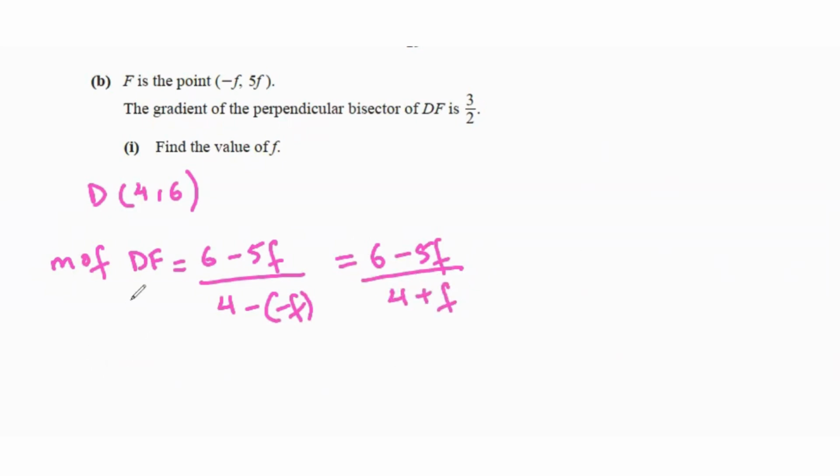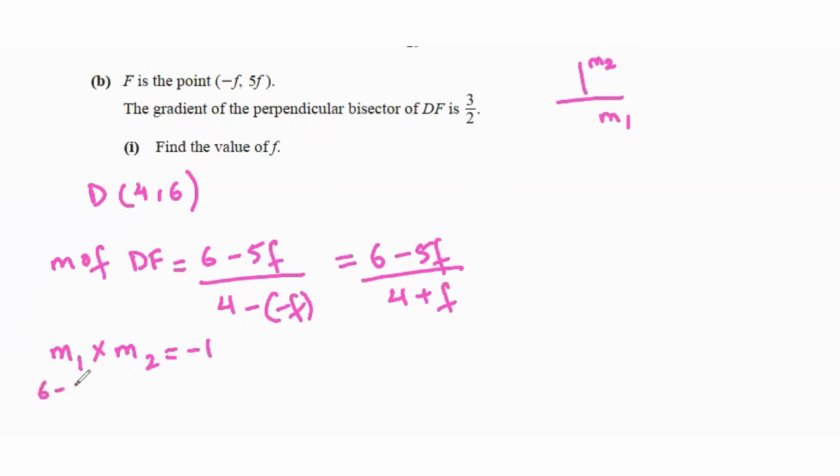So to find the gradient of the perpendicular bisector, we will use the rule m1 times m2 equals negative 1. If two lines are perpendicular, the gradient of the first line multiplied with the gradient of the second line will be negative 1.